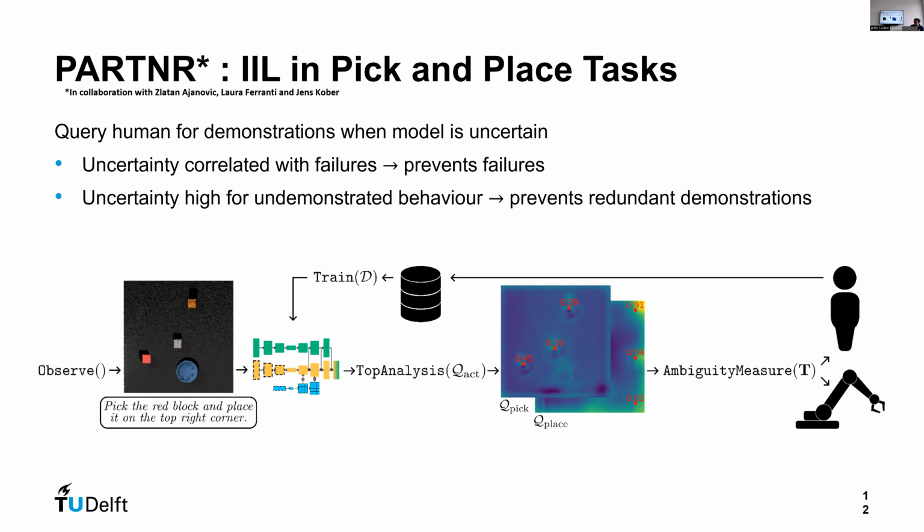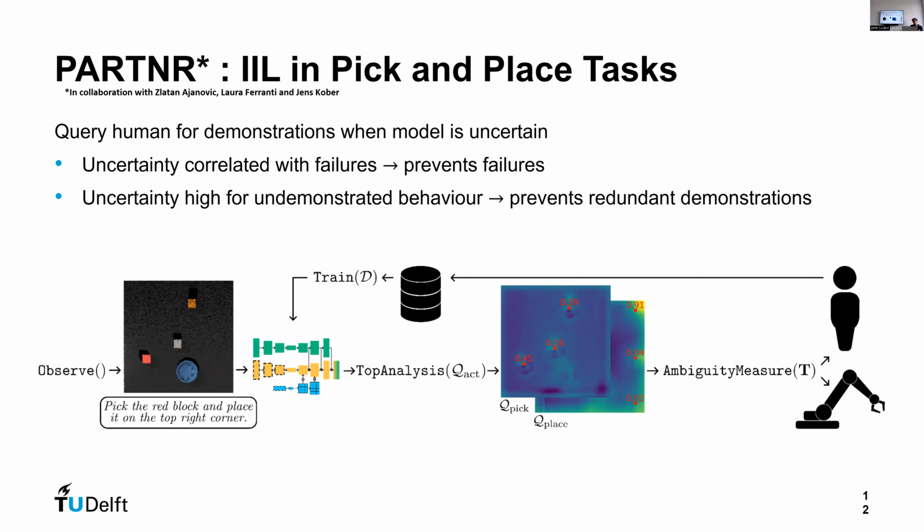In practice, this works as follows. We observe the environment, obtain an RGB image and a language command, which go into our model. Then we check the output of our model, and whether the model provides a single distinct action, or whether it's confused between different options of actions.